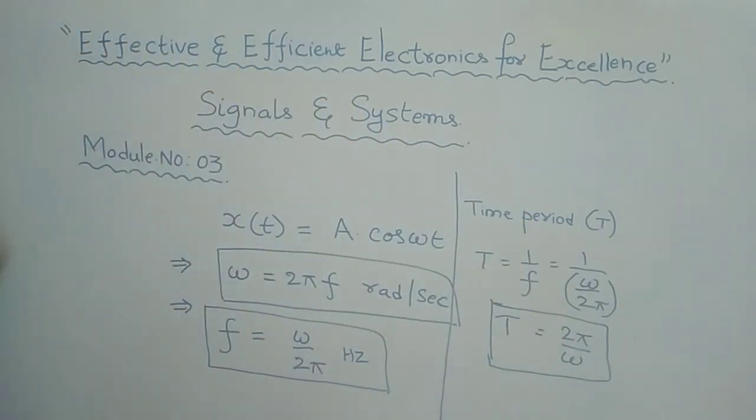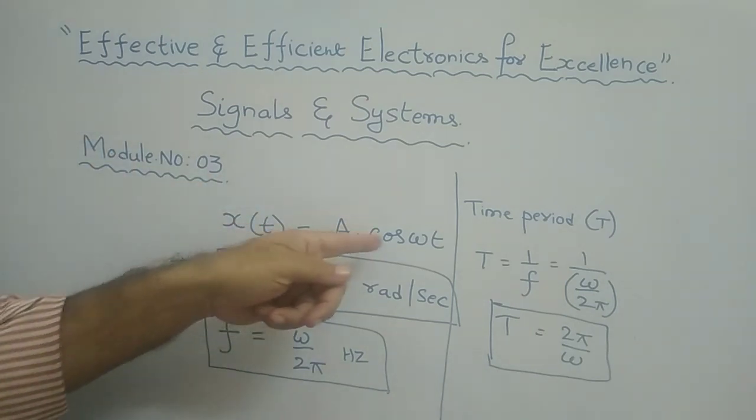So 2 pi by omega is your time period, also sometimes called the fundamental time period.